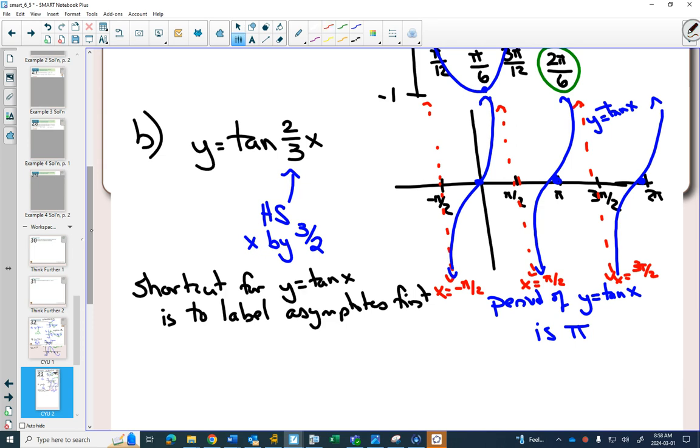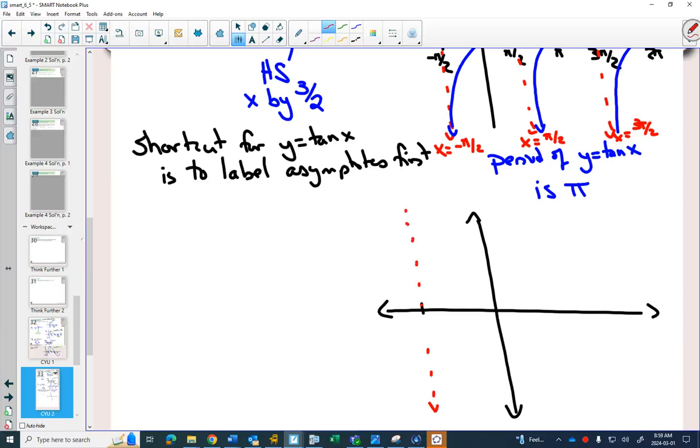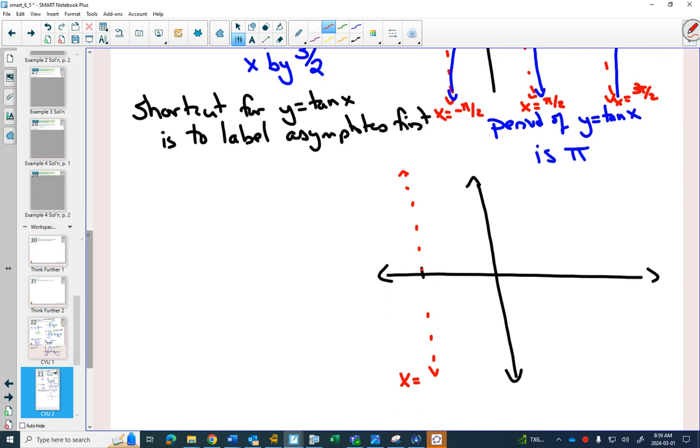If you took each of those, I'll draw my new grid here, and I multiplied by 3/2. Can you see that this first one, 3/2 times negative pi over 2 will be negative 3 pi over 4.